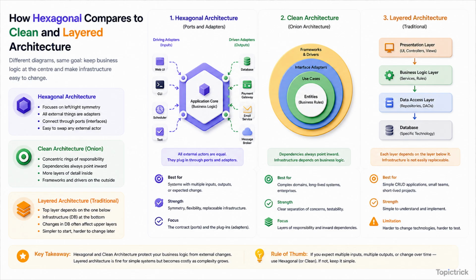If your team is already comfortable with layered architecture, and your application is simple, mostly straightforward create, read, update, and delete operations, then layered architecture is perfectly fine. Hexagonal architecture earns its cost when your application has multiple input sources, multiple output destinations, or a long expected lifespan where technologies will change.